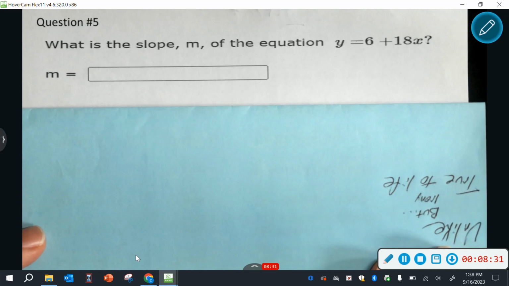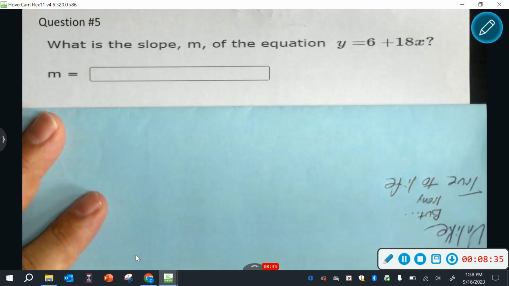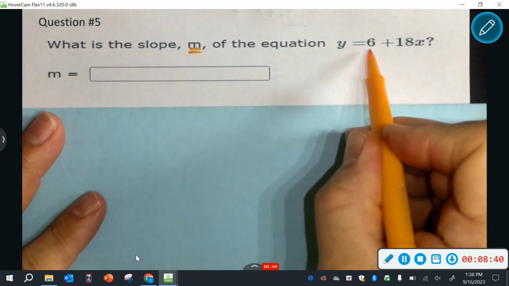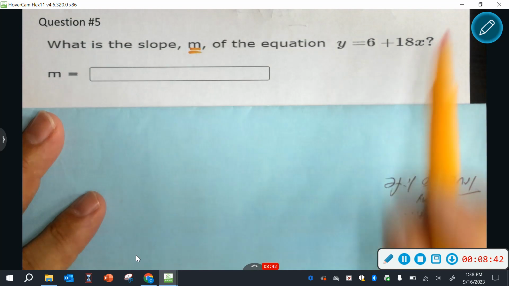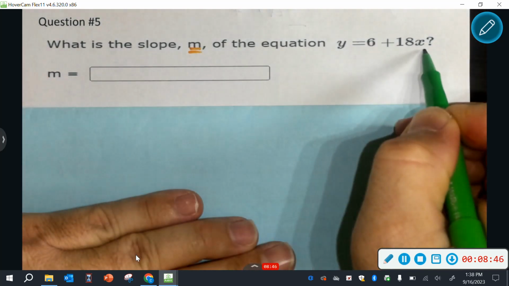Alright, so again, we had a lot of students miss this question. So what is the slope, m, of the equation y is equal to 6 plus 18x? Now here's something, this is in slope-intercept form.